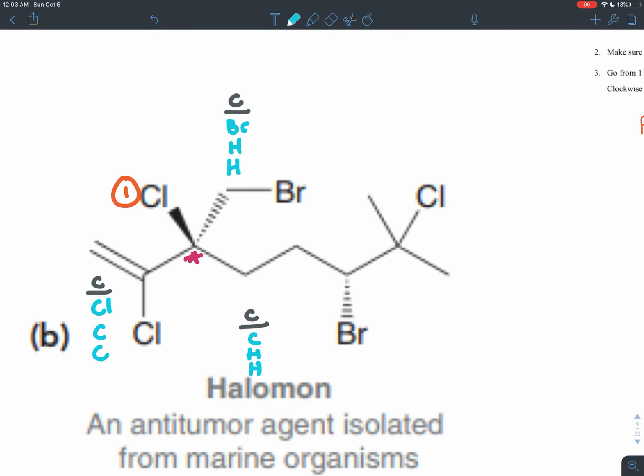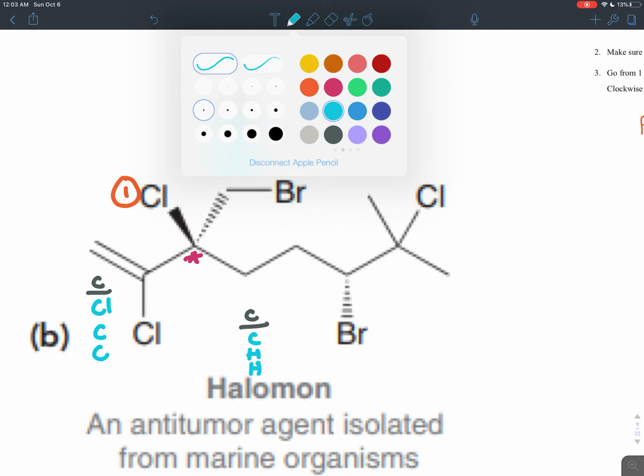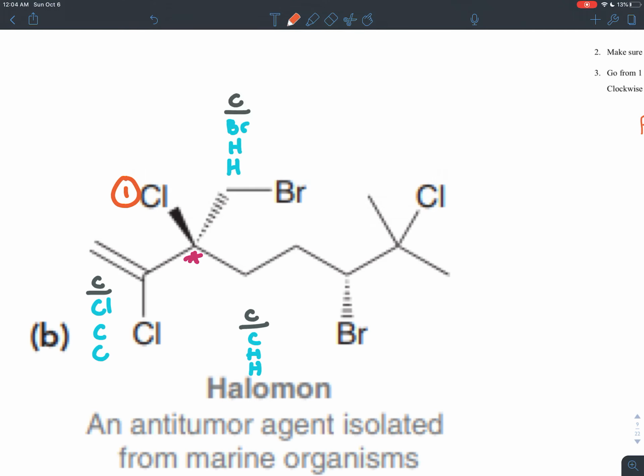Now when you compare these, you never look at all 3 rows at the same time. You compare just the top row, and only if that ties would you go down to the second row. But none of these do tie. Bromine, with an atomic number of 35, has the highest atomic number, and so the carbon that's attached to that bromine will have the highest priority of these 3.